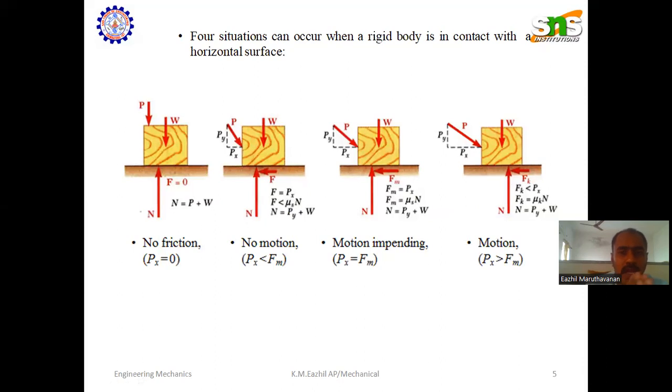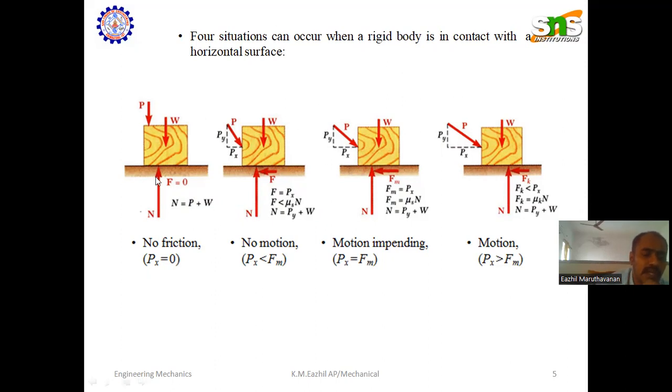There are four situations that can occur when a rigid body is in contact with a horizontal surface. Case 1: the applied force P is in a vertical direction. Therefore, the system is in equilibrium, and there is no frictional force. Considering the system in equilibrium, we get sigma Fy equal to 0.